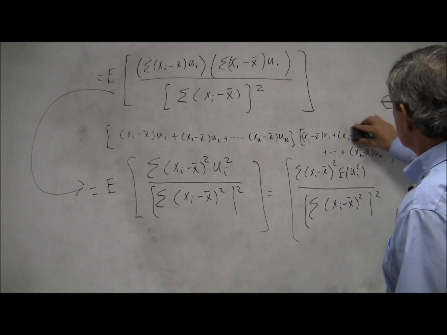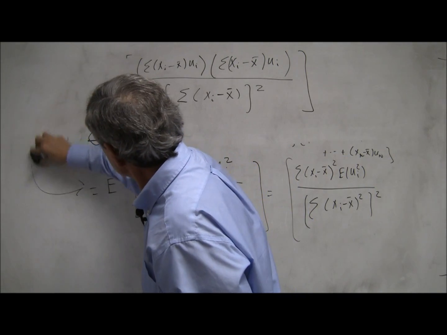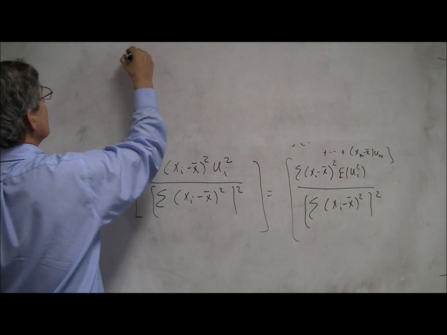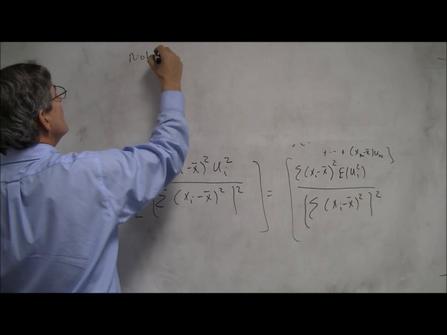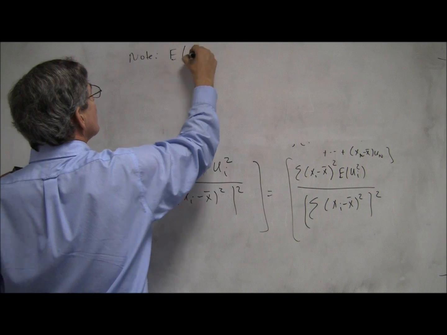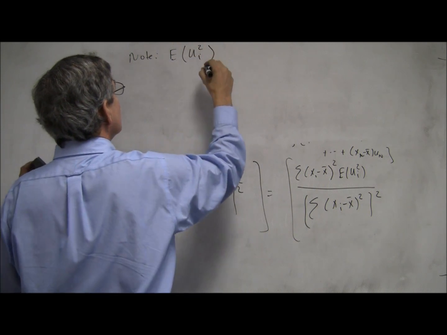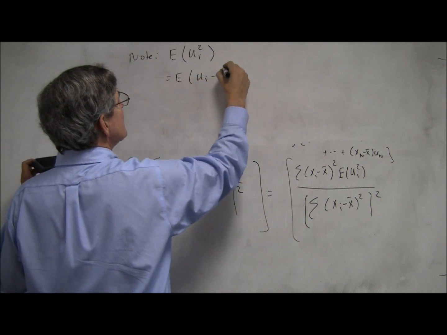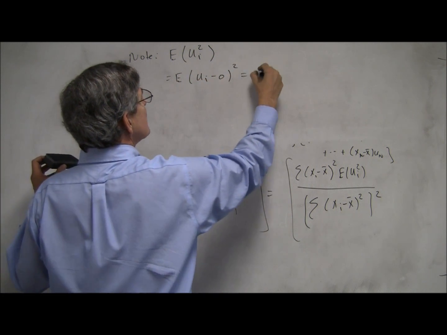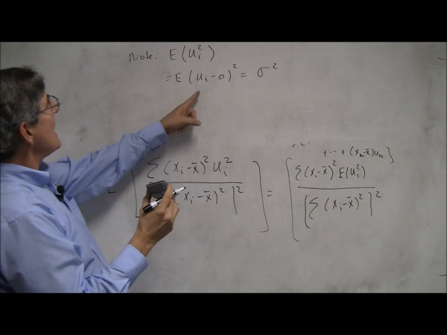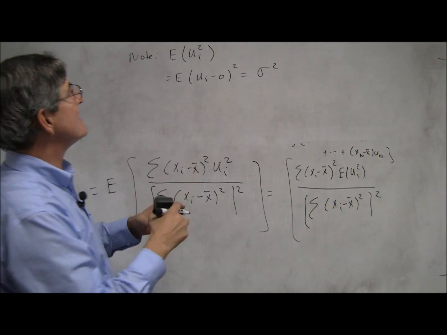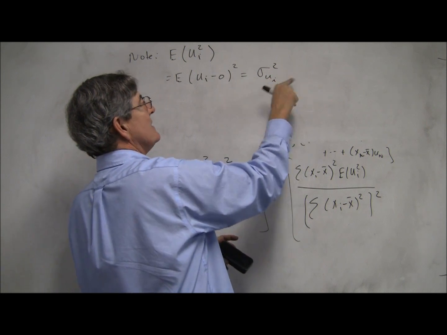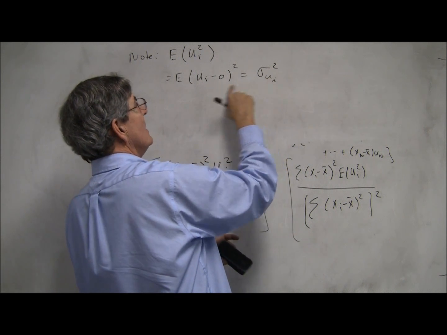Now, the next thing to note is that the expected value of ui squared, that's the same as the expected value of ui minus 0 squared, is equal to sigma squared. We have the same variance for all i. If it was heteroscedasticity, this is sigma squared u, and I'd have to write an i here because it would differ depending upon which error we had.